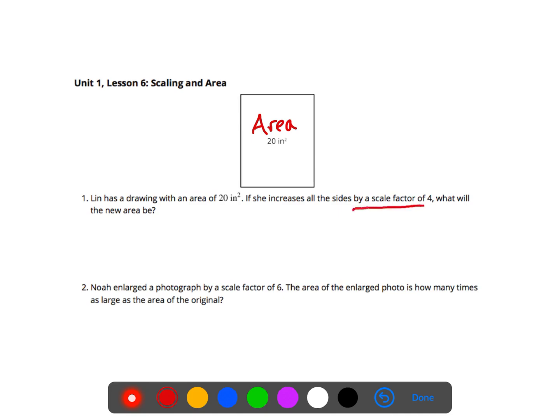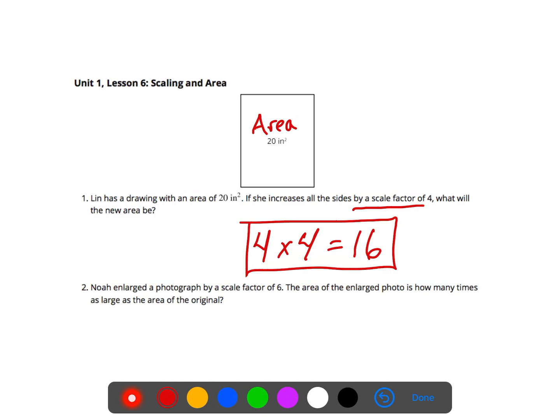Now it says if she increases all the sides, but we don't know the lengths of the sides. So going off of what we just learned, I should be able to take the scale factor times itself to get the change that will happen to the area. That is what should happen here.